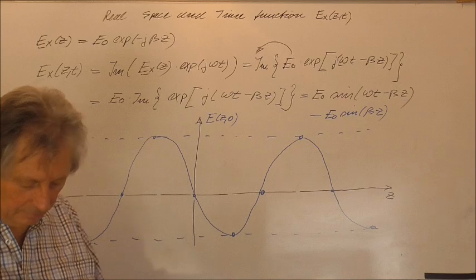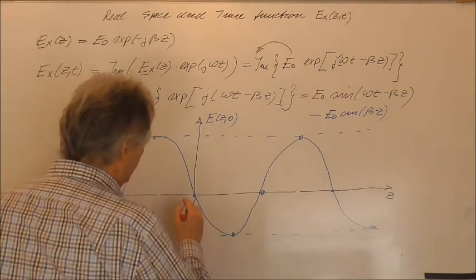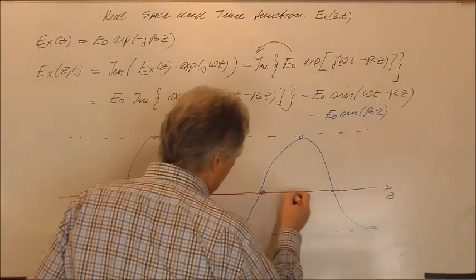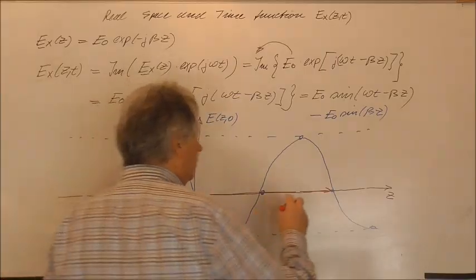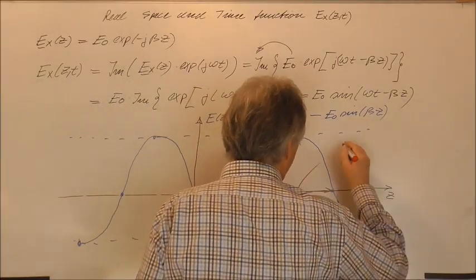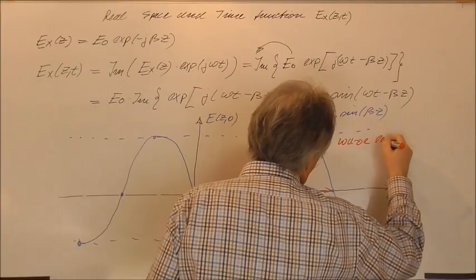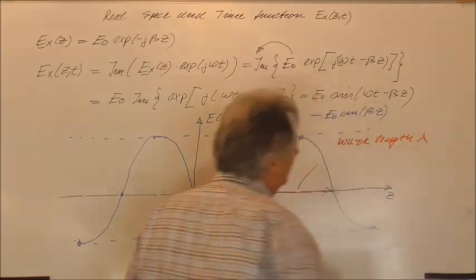And normally you define, if I start here and the function repeats at a certain point here, then this is called the wavelength, lambda.